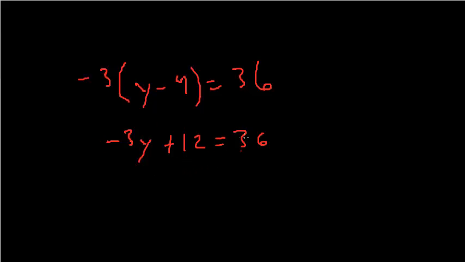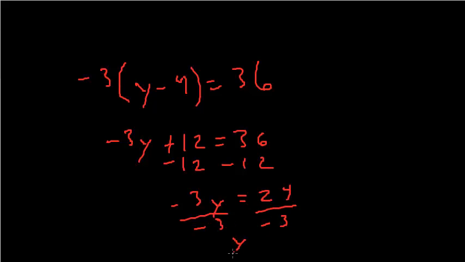Now we solve this using our addition and multiplication properties we learned last time. Subtract 12 from both sides. We have negative 3y is equal to 24. Divide by negative 3, and y is equal to negative 8.